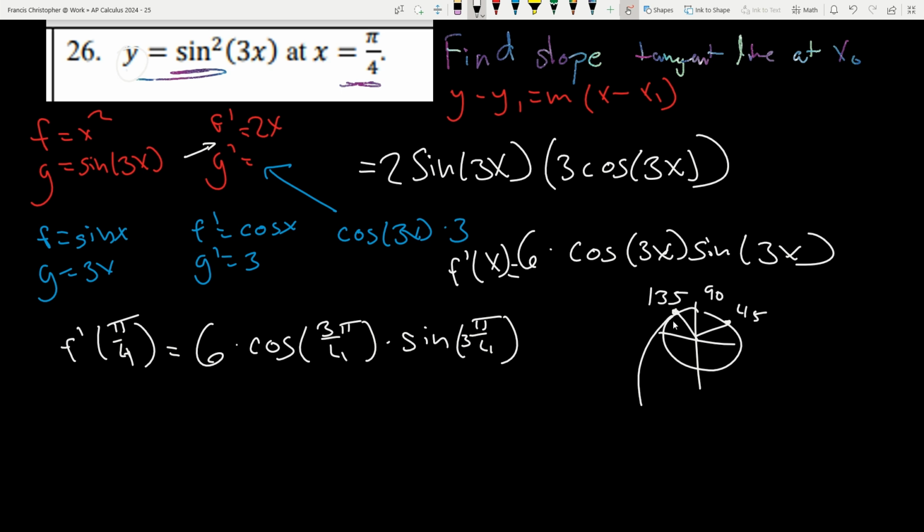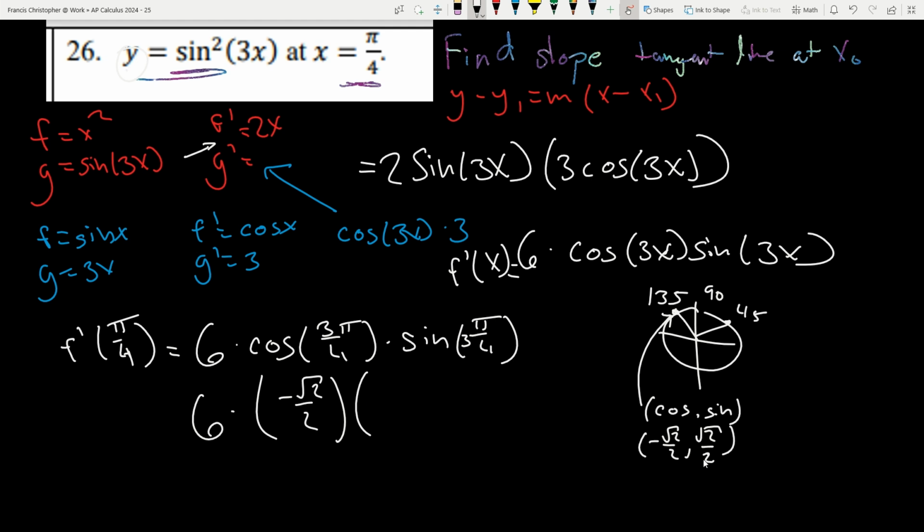The coordinates of this point is cosine comma sine, and the coordinates of this point is negative root 2 over 2 comma root 2 over 2, because it's root 2 over 2 to the left and root 2 over 2 high. So 6 times cosine of that, which is negative root 2 over 2, times sine, which is the y value, so root 2 over 2.